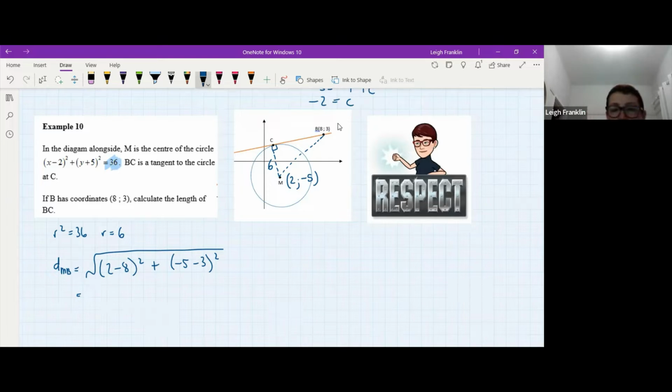I'm getting 10 units. Are you guys also getting 10 units? Yes, quite right. Okay, so I also get 10 units. And then because we've got a right angle triangle, we can say that CM squared plus BC squared equals MB squared because of Pythagoras.